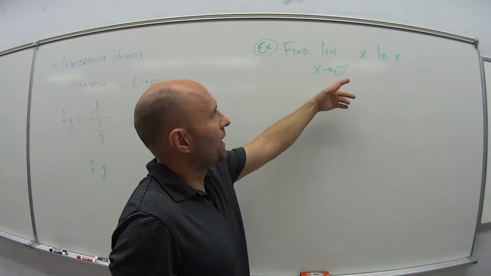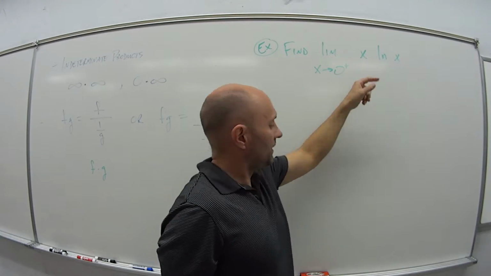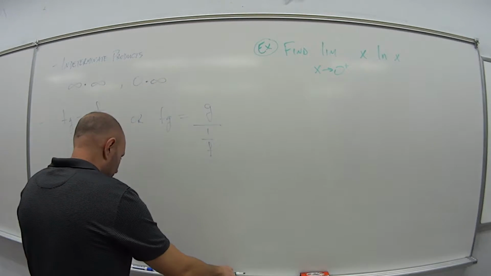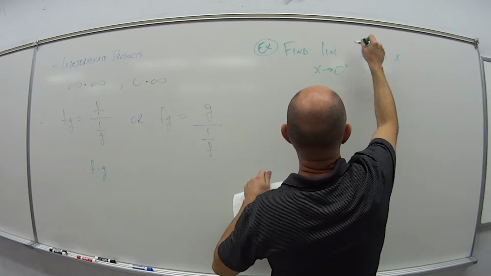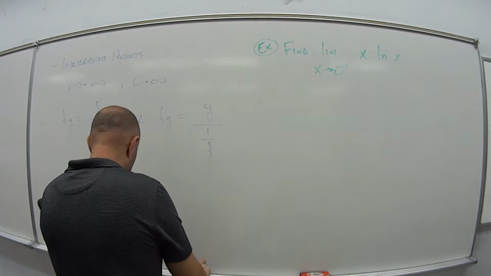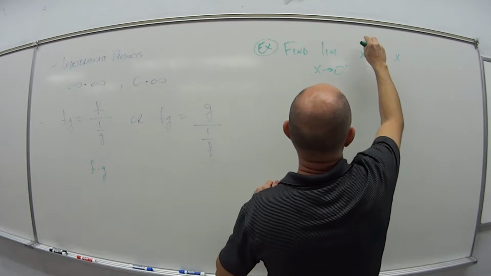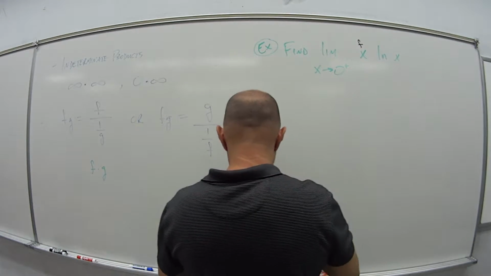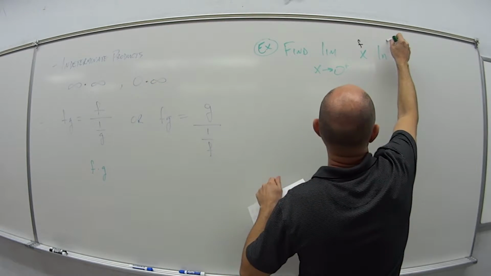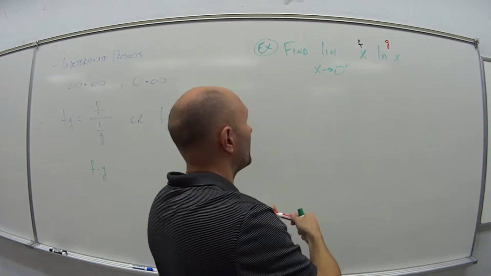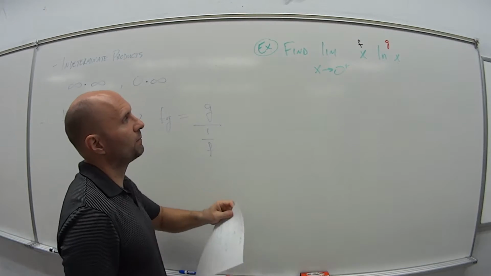We have a product here, right? One function is x, so we'll call x our f function, and natural log of x is our g. So f times g, two functions multiplied by each other.